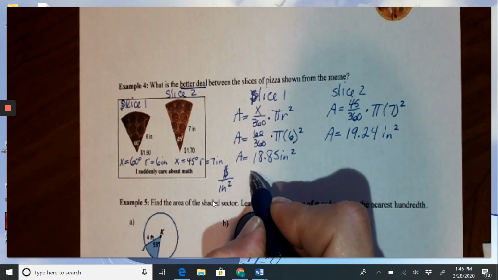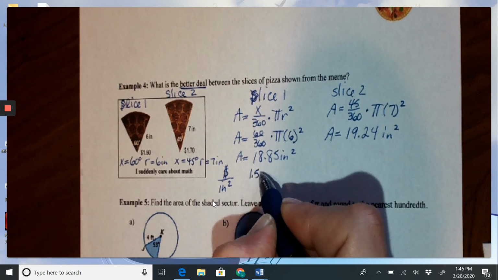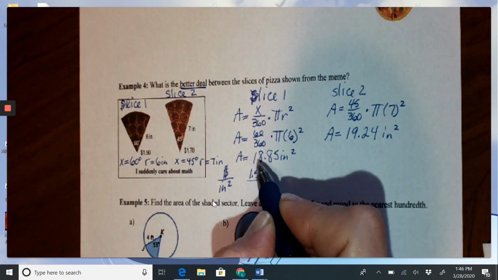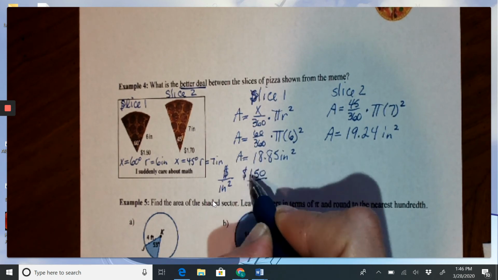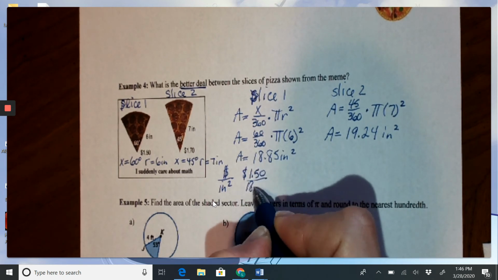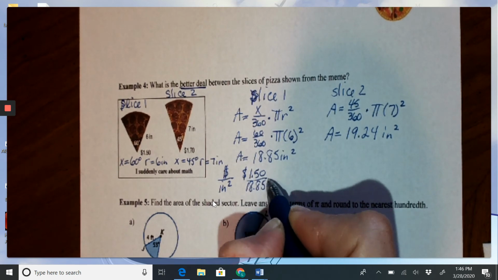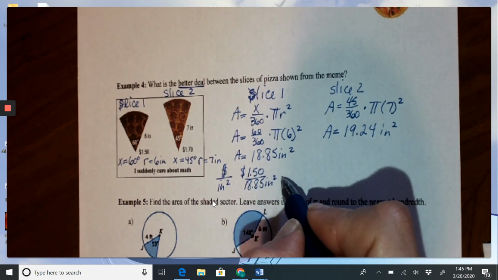So for slice 1, we have a price of $1.50, and we get 18.85 inches squared, the area of that.